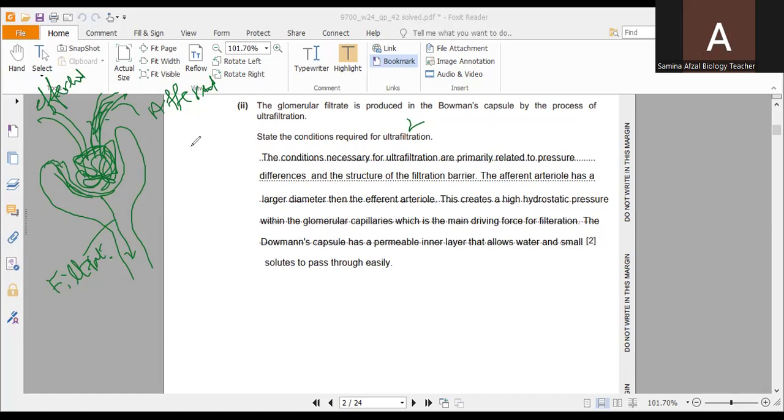So it creates a high hydrostatic pressure within the glomerular capillary. This pressure is the main driving force for filtration.